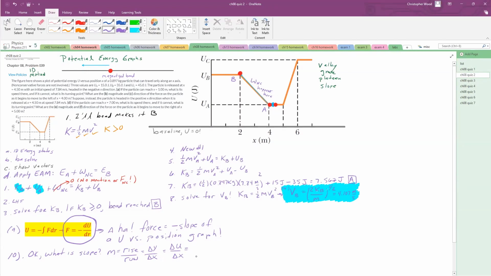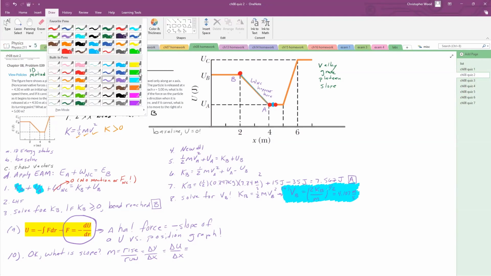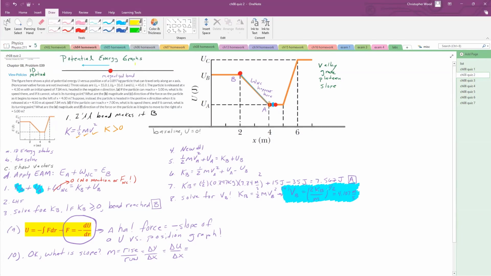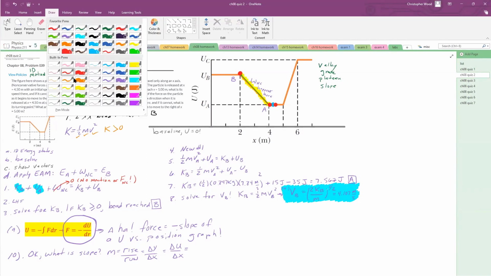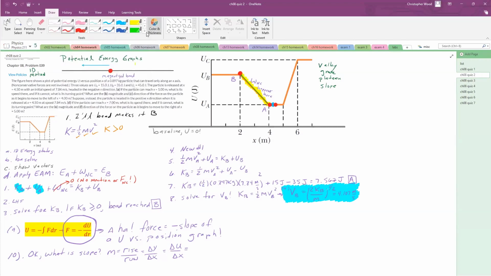So here's the slope. Delta U is final minus initial. Again, I am focused on this left side path. This is the bead, the little red glass bead going to the left. Delta U is final minus initial.